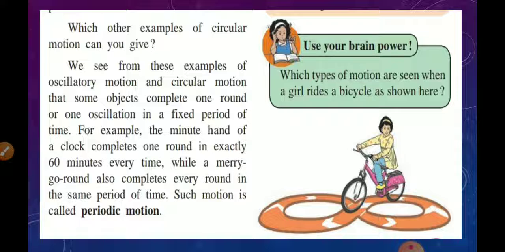Here, circular motion is also there, periodic motion also there. She completes one round in a particular period. She completes this number 8 in a particular period of time. So this is periodic motion and also circular motion. Understood?